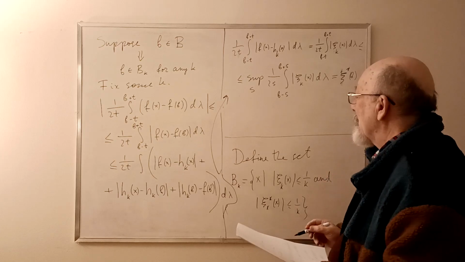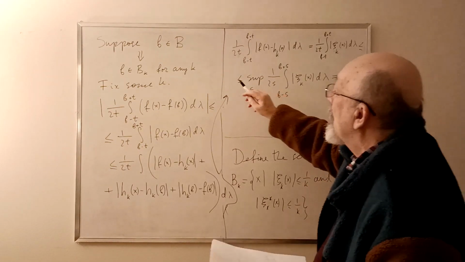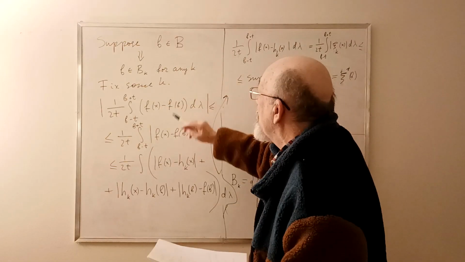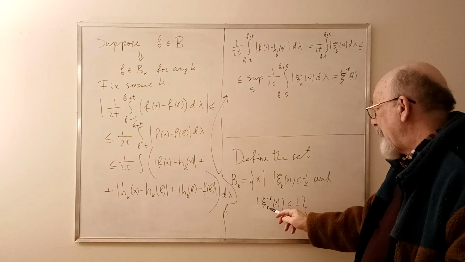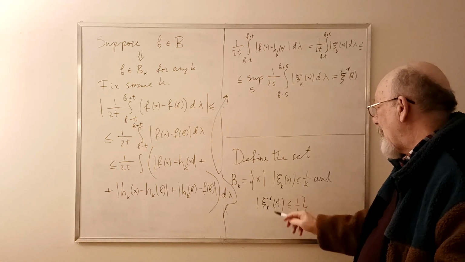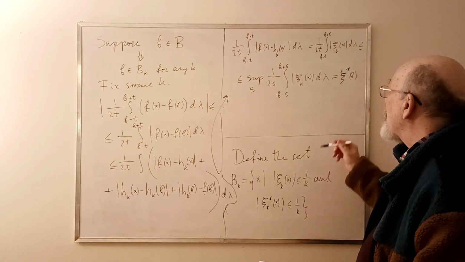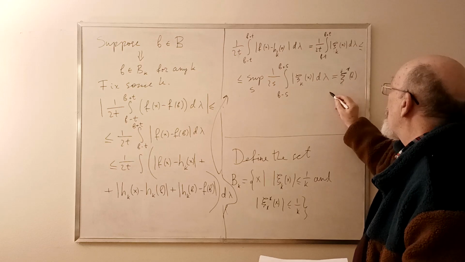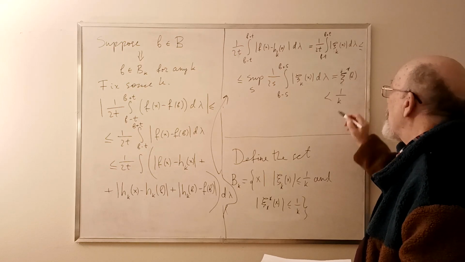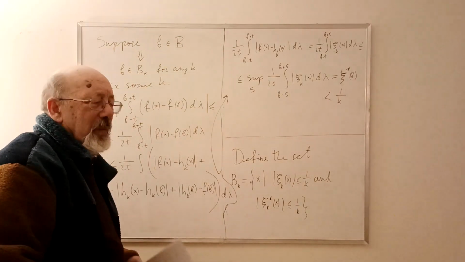And c star of b, because b in this bk, so there c star k of x is less than 1 over k. So the first term is less than 1 over k.